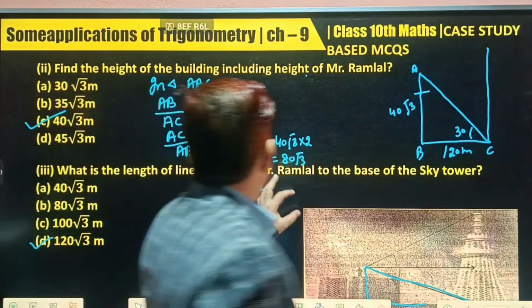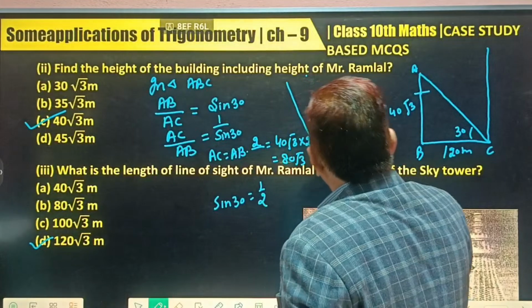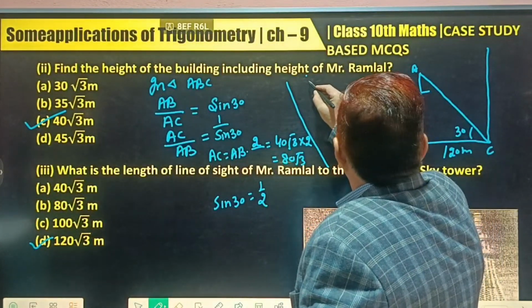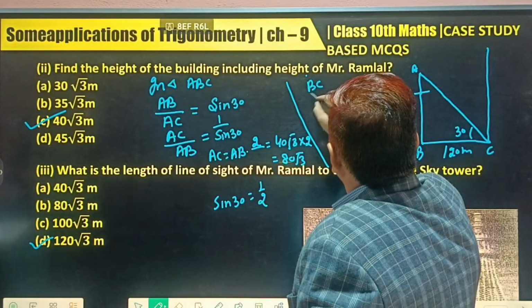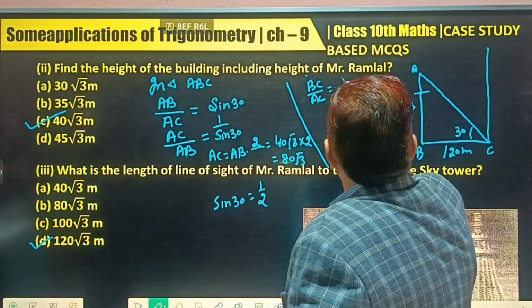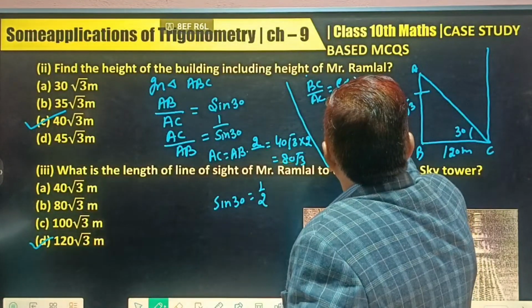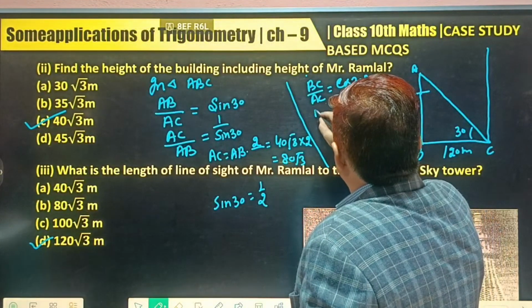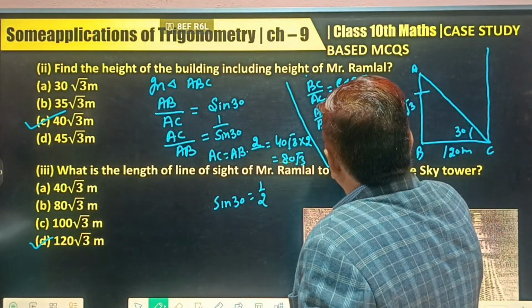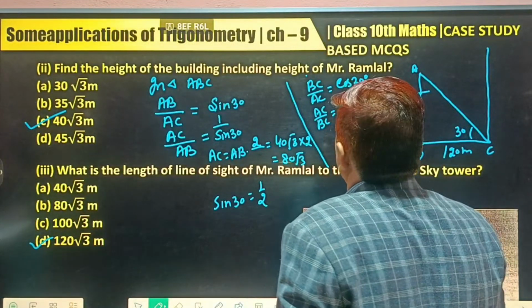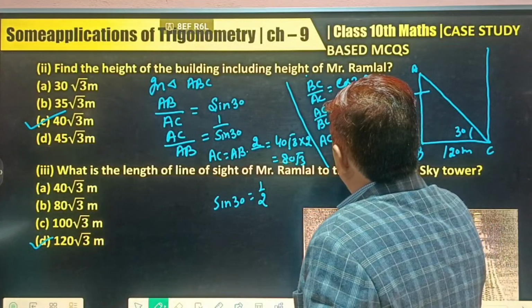So this came. Now by another method you can take BC by AC equal to cos 30 degree, and AC by BC is equal to 1 by cos 30 degree. So AC equals BC.